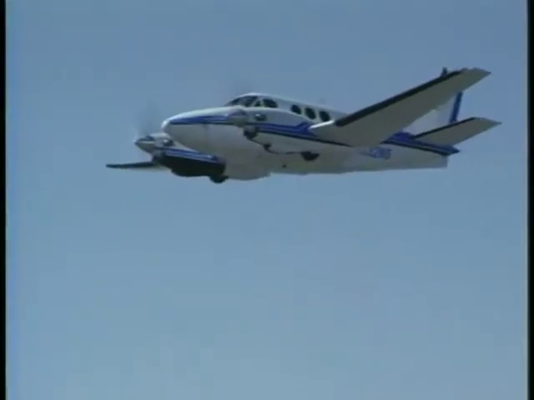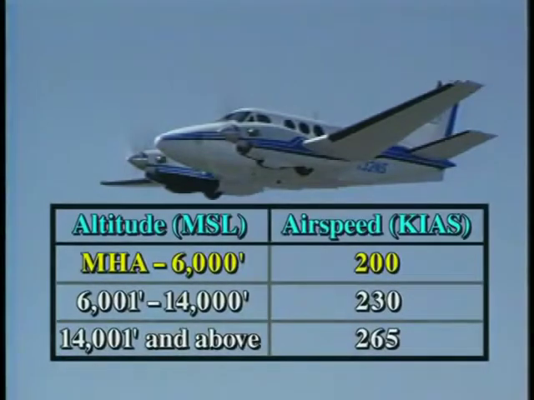With some exceptions, the holding speed for propeller and jet aircraft is 200 knots indicated airspeed, up to 6,000 feet MSL. Above 6,000 feet to 14,000 feet, the maximum holding speed is 230 knots. And above 14,000 feet, the maximum holding speed is 265 knots.